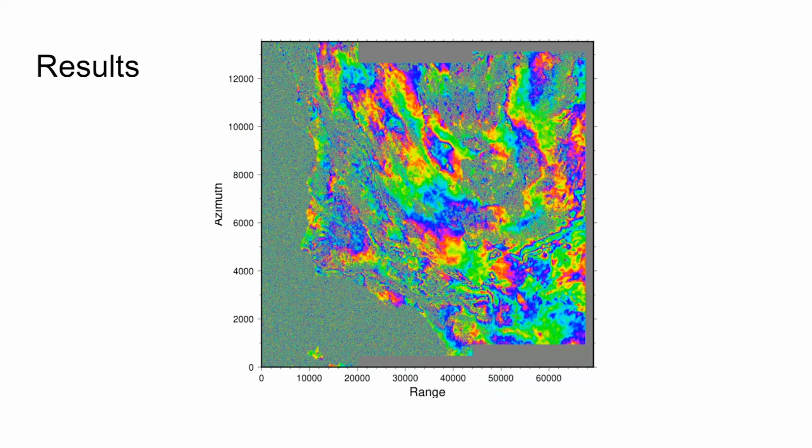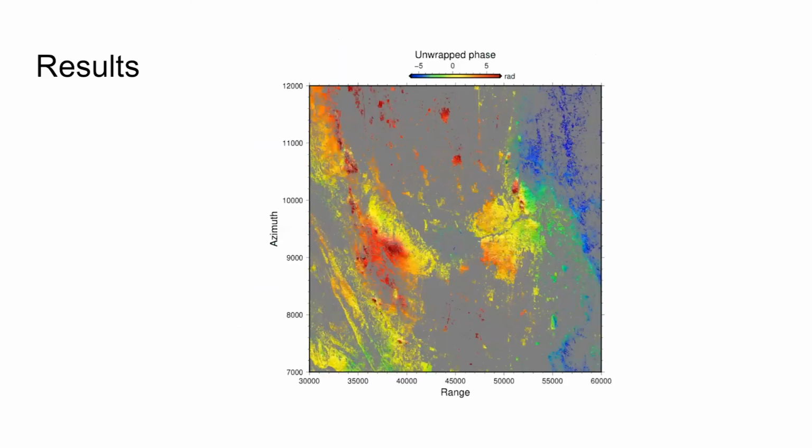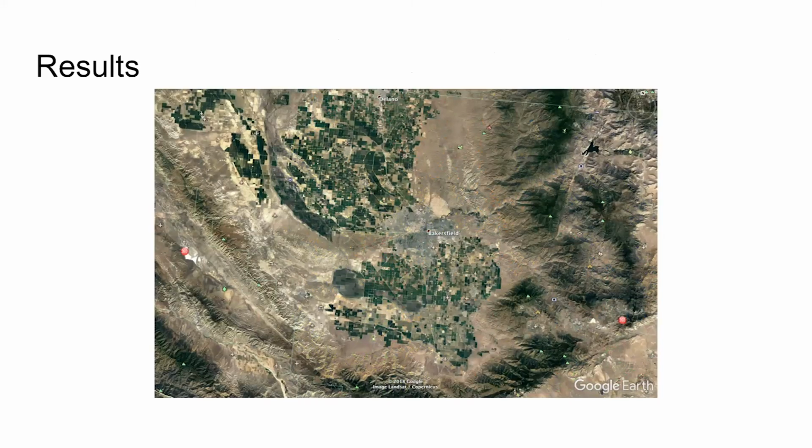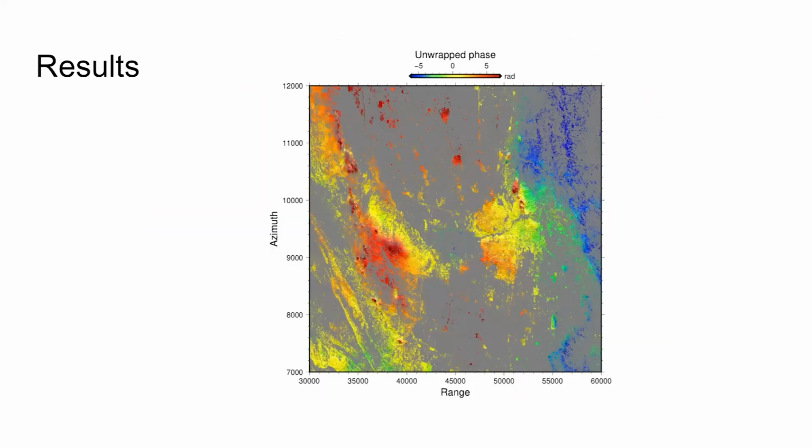So a little bit west of Bakersfield and a little bit northeast of there. This is what it looked like unwrapped. There were a couple of areas of subsidence, and these are areas with active oil fields, actively pulling oil up from the ground.